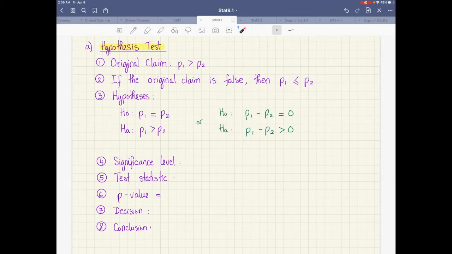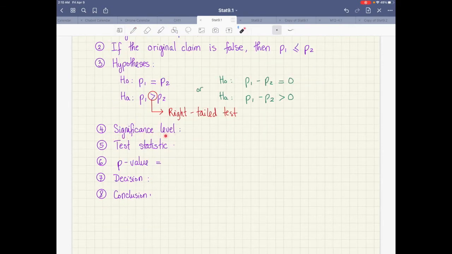They both are correct. HA contains the greater than, so this is the right tail test. Significance level was given. Alpha equals 0.05. I will use StatCrunch for my test statistics and my p-value.